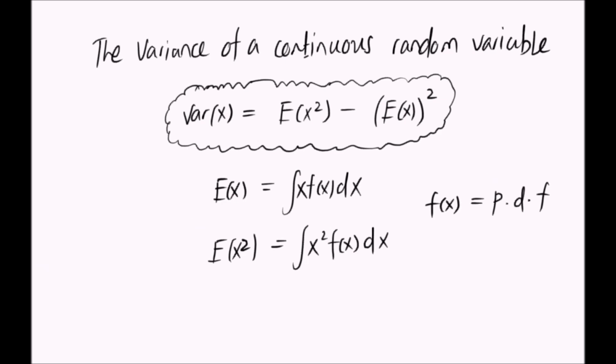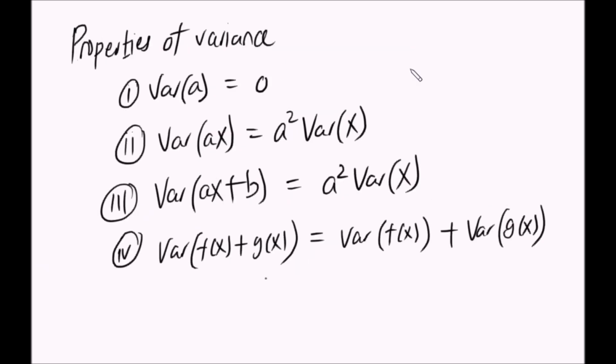Now let's see the properties of variance. So these are the properties of variance of a continuous random variable. The variance of a constant a is 0, the first property. The variance of a times x is equal to a squared times the variance of x, second property.